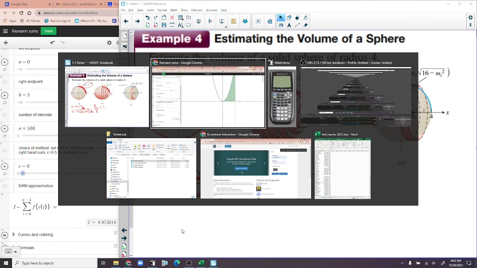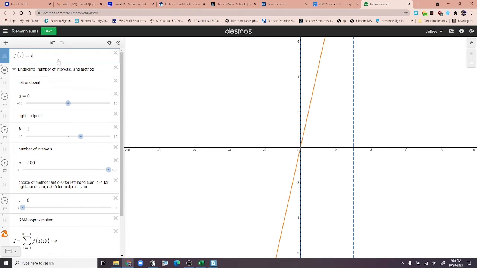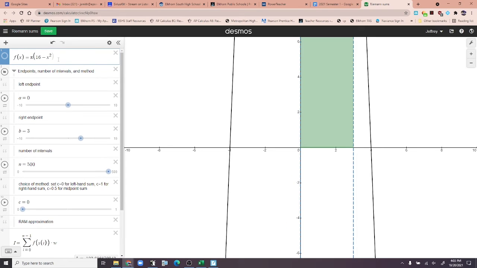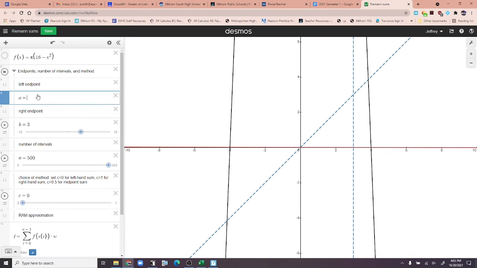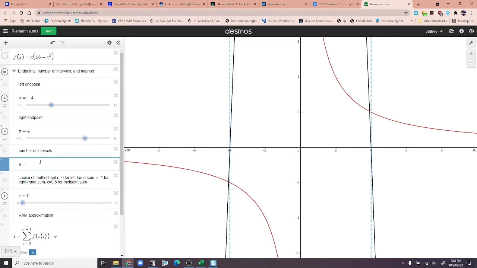So I'm going to go back to Desmos to do this, and I'm going to put the equation in. If you type pi and then times 16 minus x squared, because we're squaring that square root. And we're not going to put the height here, because we can get that by going from -4 to 4 with 8 subintervals.